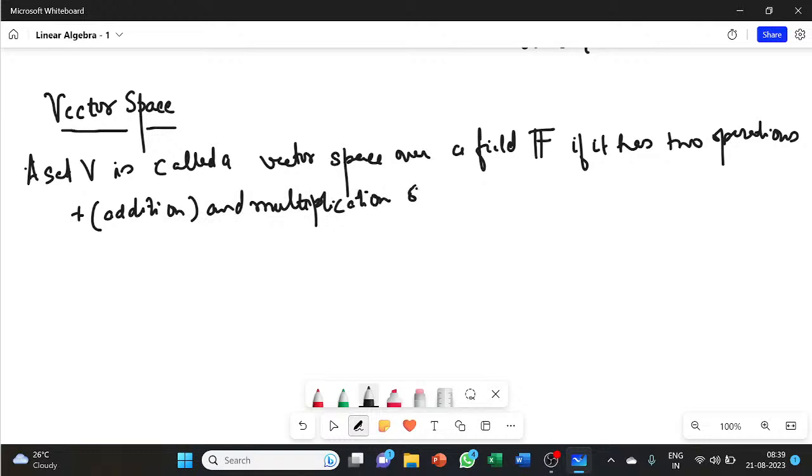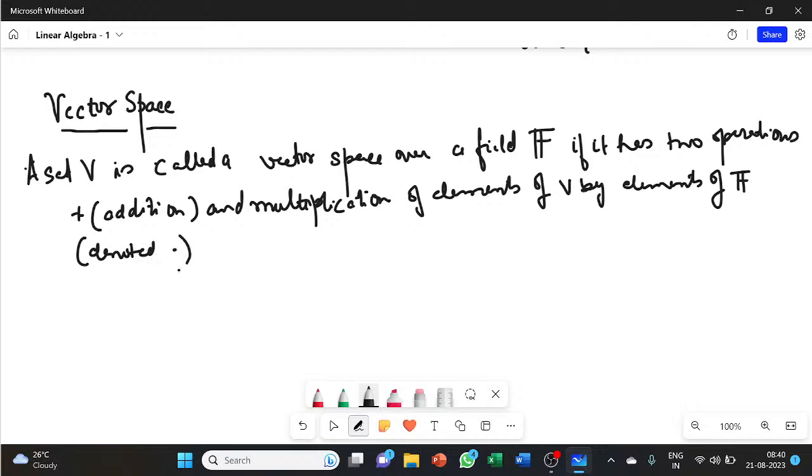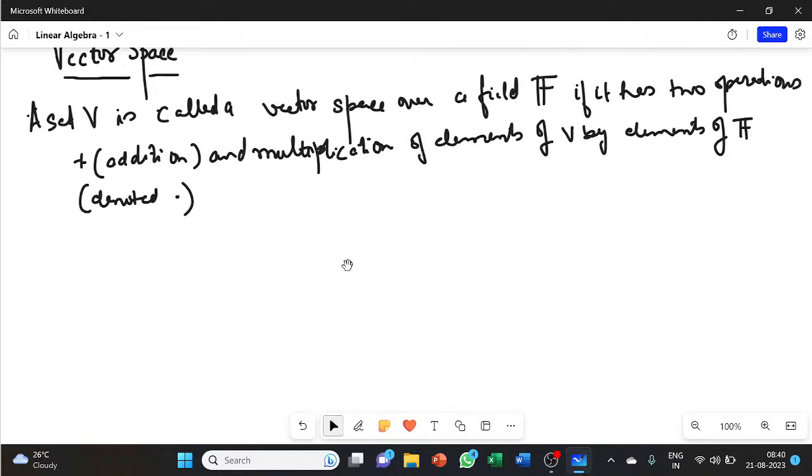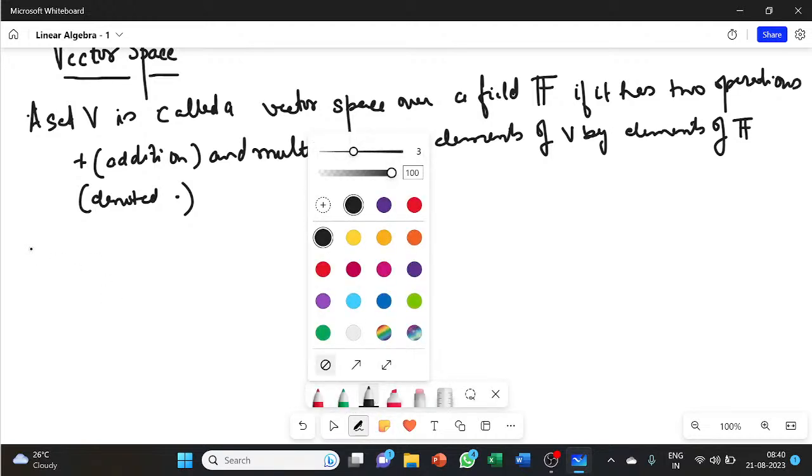Multiplication of elements of V by elements of the field, and this particular thing is denoted by a dot, that is multiplication. So whenever I'm saying that an algebraic structure forms a vector space, I would refer that all these properties must be satisfied.